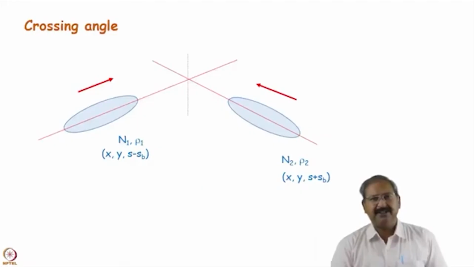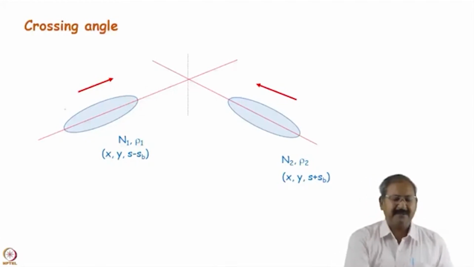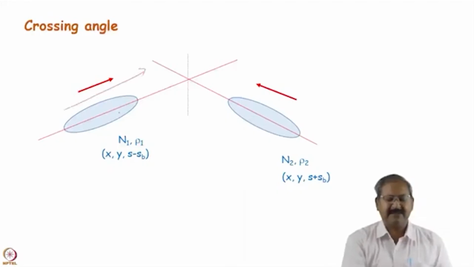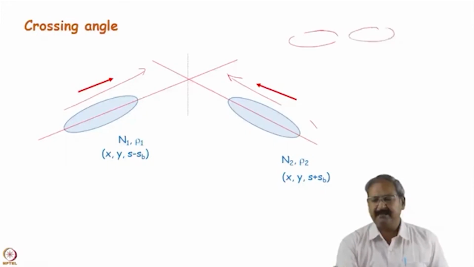Actually luminosity decreases in practical cases because we were considering head-on collision. In an accelerator, beams come at certain angles. The first beam is coming through this direction and the second beam is coming through this direction. So this angle actually reduces the overlap integral. In the case of head-on collision, overlap may be complete.